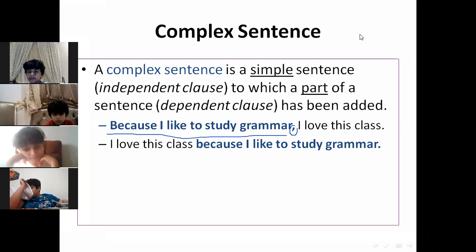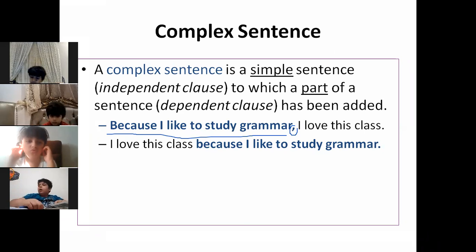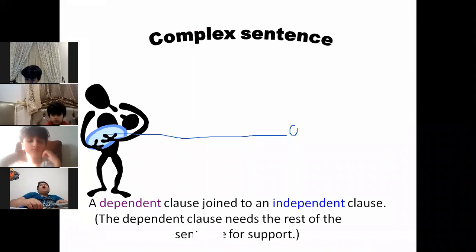Okay, grade 3. What is the dependent sentence? The dependent clause, sorry, not sentence, cannot stand alone. It needs another clause to stand with it. So the complex sentence has two clauses, a dependent clause joined to an independent clause.